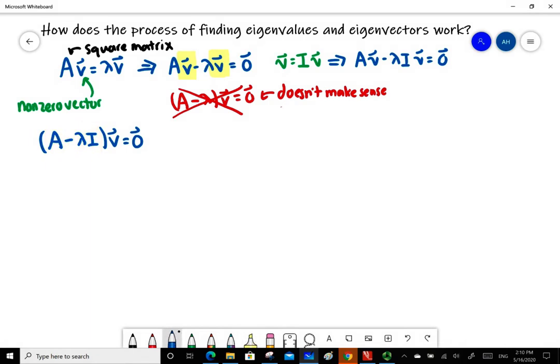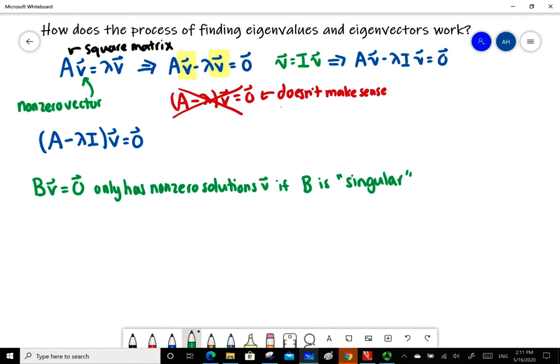At this point, we need some really important facts from linear algebra. By definition, V is a non-zero vector. And from linear algebra, a matrix equation BV equals 0 only has non-zero solutions if the matrix B is what's called singular.